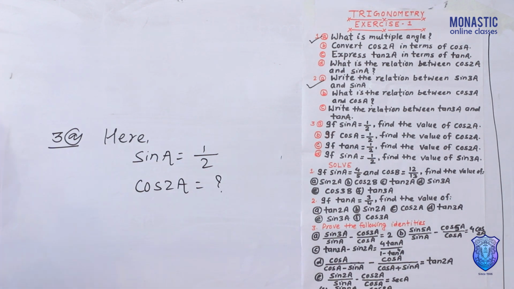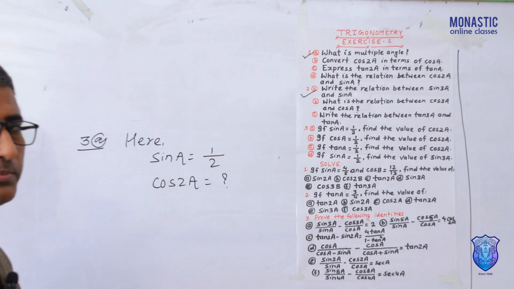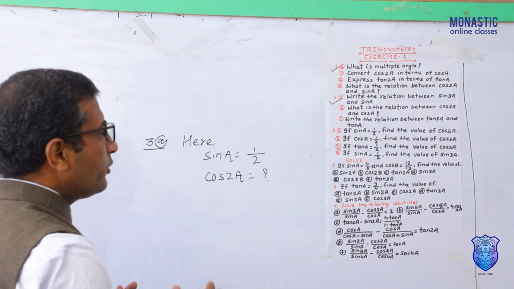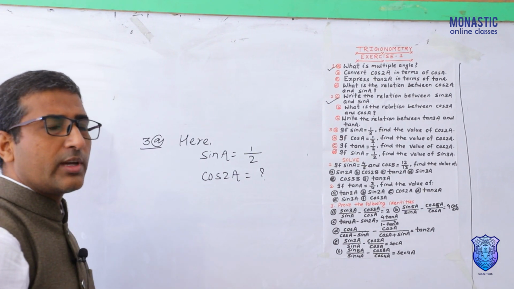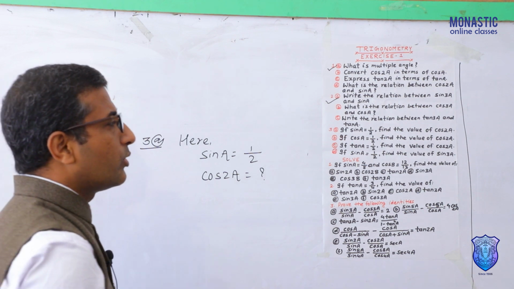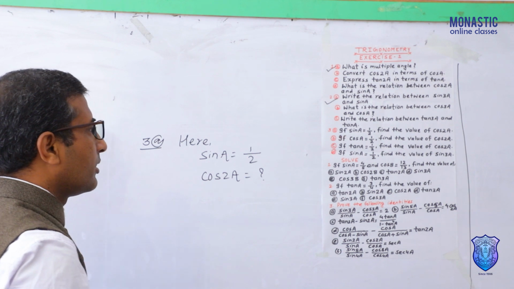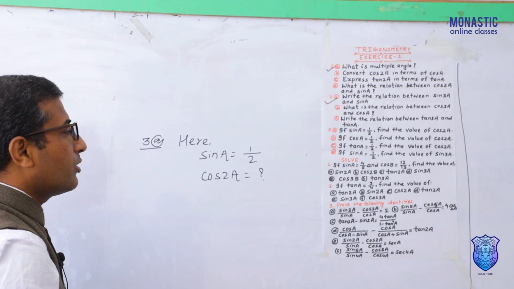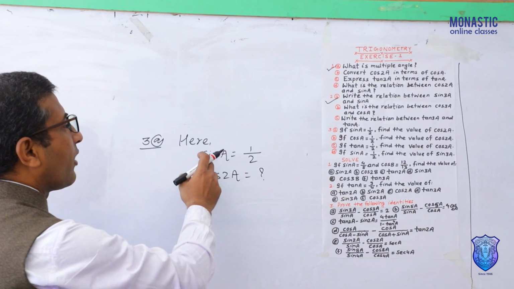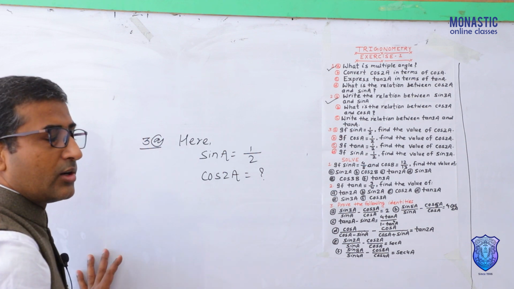We have learned 5 formulas of cos 2A. Which formula can we use here so that it will be easy for us? Although we can use any one, if we use another formula, then we have to find cos A also.